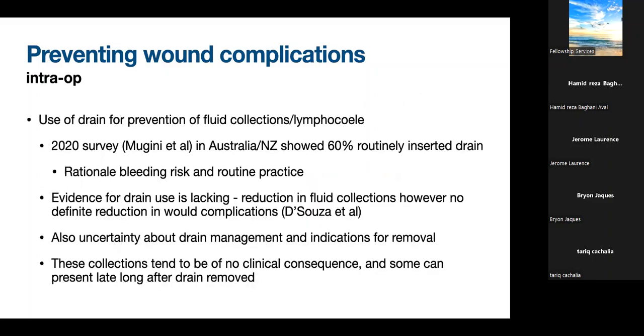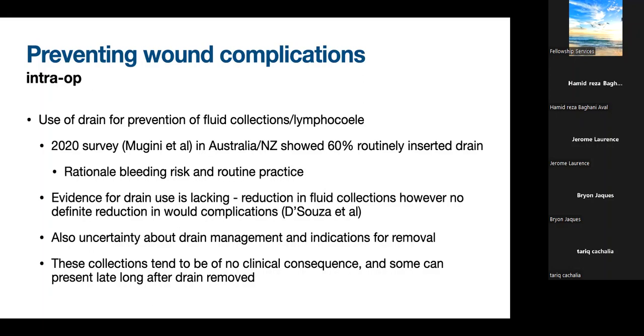Drain use is another interesting thing that we don't routinely use at RPA, but there was a survey a couple of years ago which showed that in Australia and New Zealand 60% of surgeons reported routine use of drains, which are inserted into the retroperitoneum around the kidney, either one or two drains.